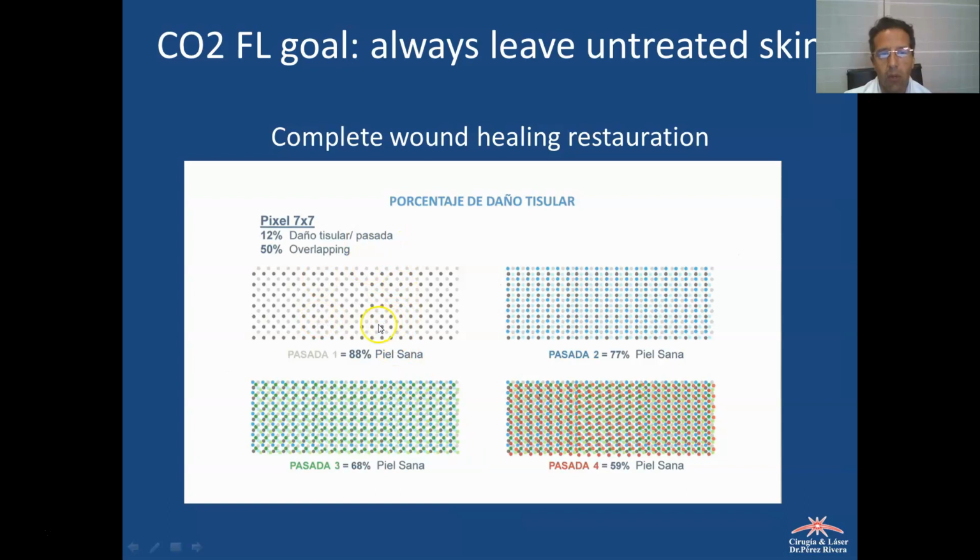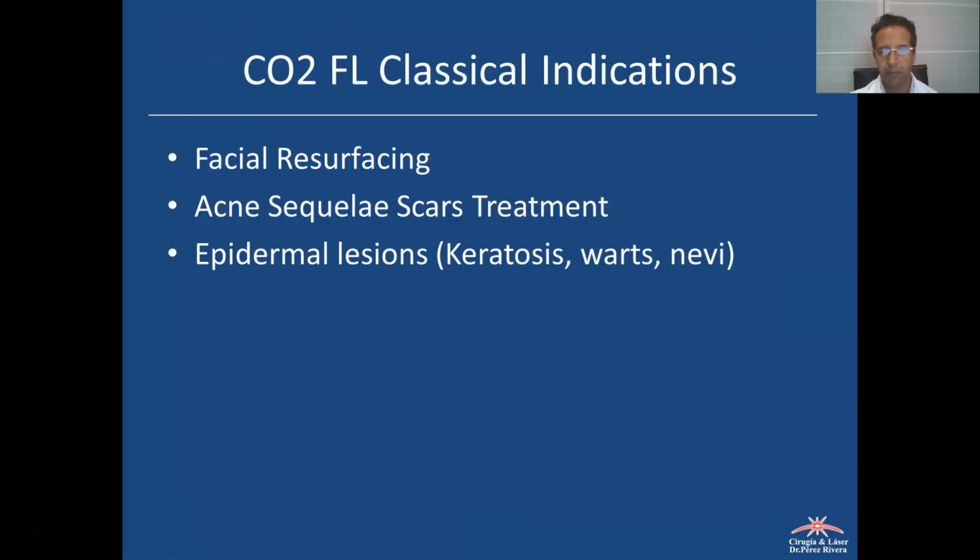If we pass only one time, we obtain 80% of untreated skin. That's why it's really safe. But even if we pass 4 times on the surface of the skin, we still have close to 59% of untreated skin, and in this way we can avoid, for example, scars.